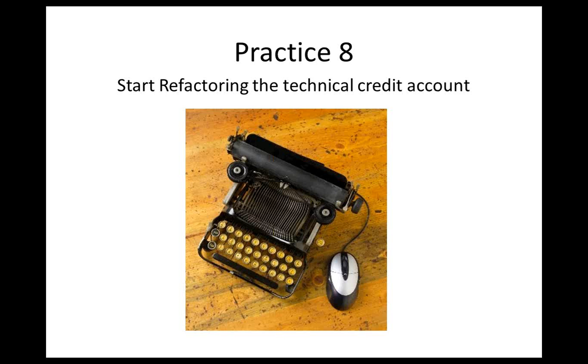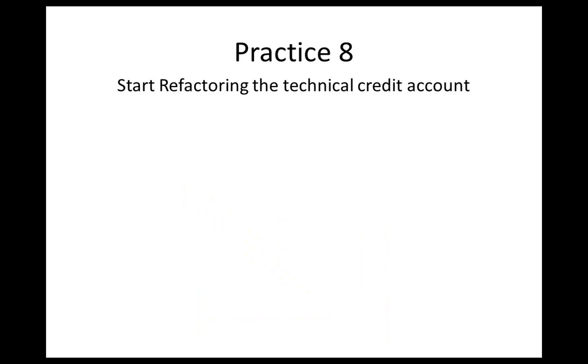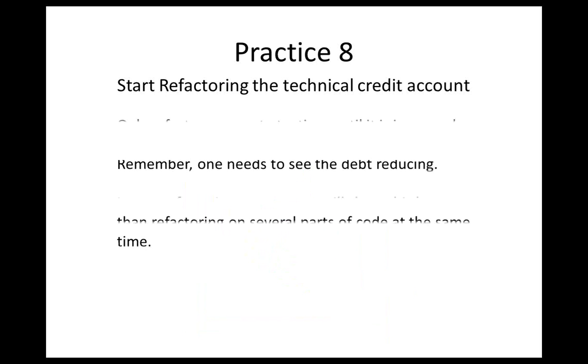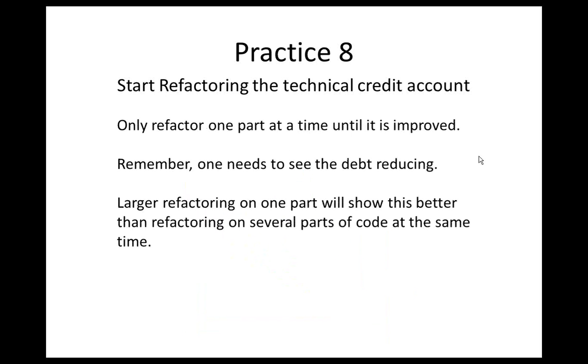So let's elaborate on what it is trying to say. Only refactor one part at a time until it is improved. Remember, we need to see the debt reducing. So try to see which part is really required.